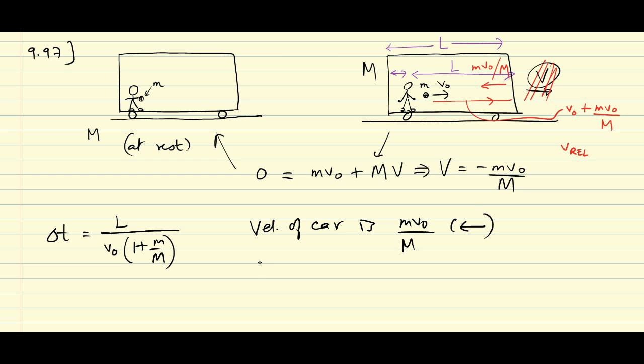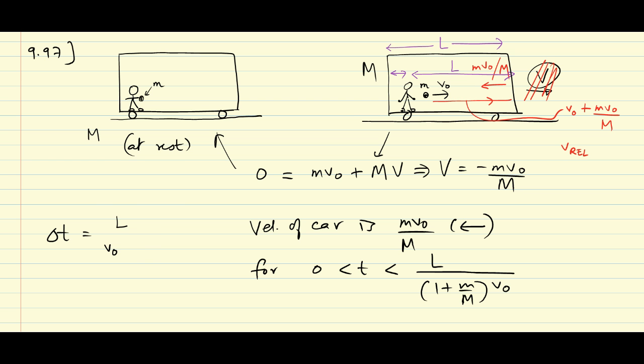That's how the car moves for a time interval 0 less than t less than L upon 1 plus m upon capital M multiplied by v0, when the collision occurs. So that's the explanation of the first part of the solution. Now after the collision occurs, we can find out what are the new velocities of the ball and the car.